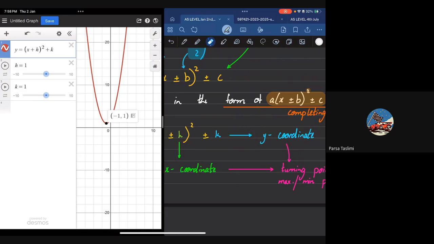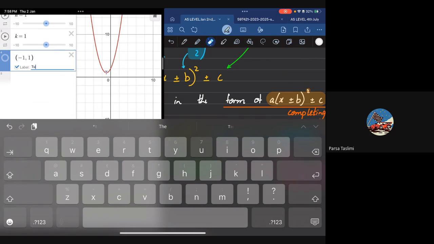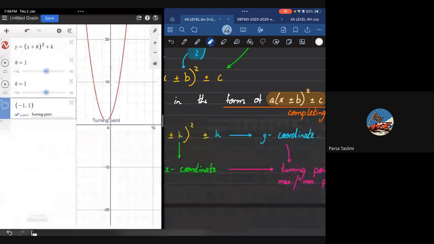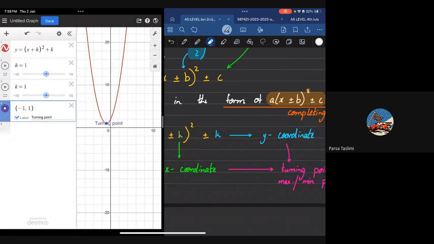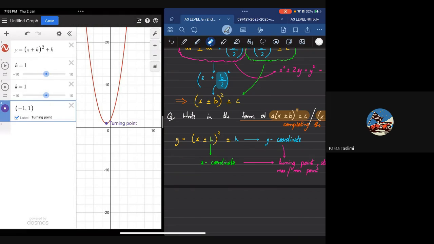Now, on your graph, let's look at the turning point. This is my turning point, right? Let me label this as my turning point on my graph. Now, what's going to happen? So it's basically like the opposite of the h, and the same value as k. Yes, perfect.